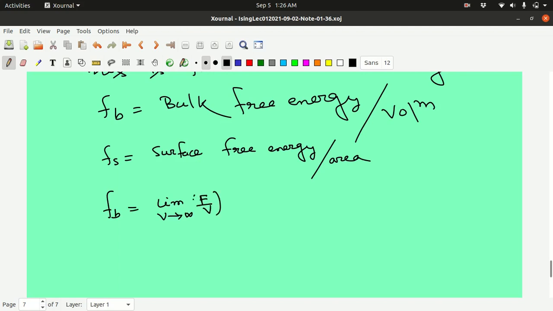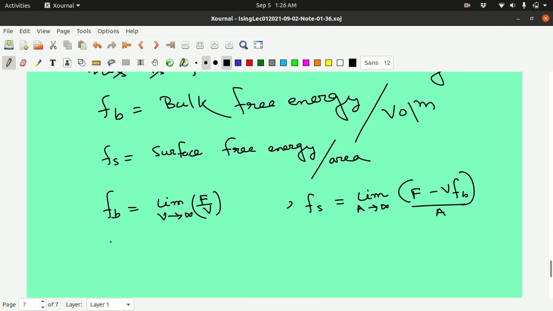So F_B is basically the limit as V tends to infinity of the ratio F by V, and similarly you can define F_S using the total form of the free energy. When the area goes to infinity, the ratio of F minus V F_B by A is called F_S.